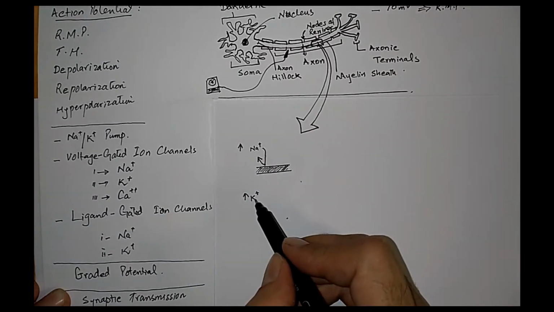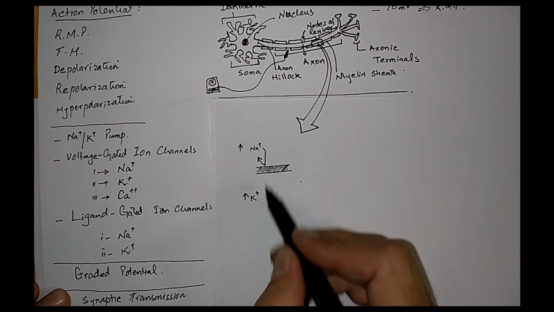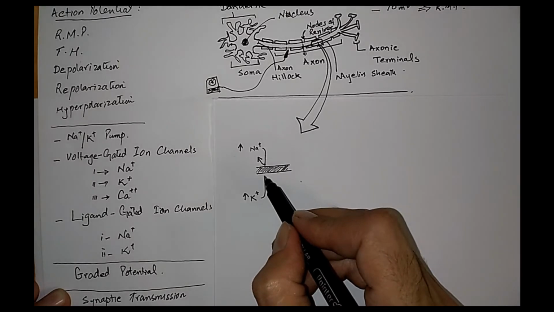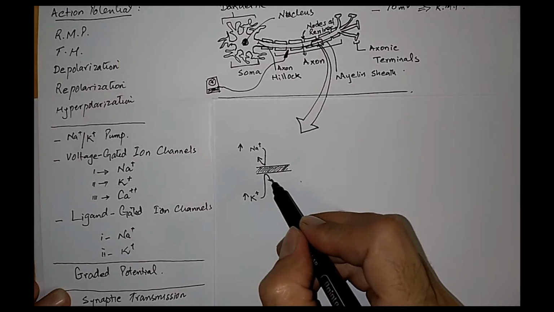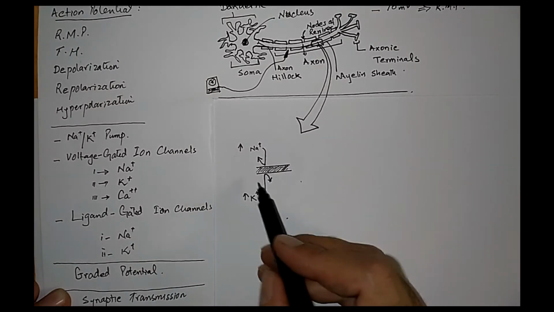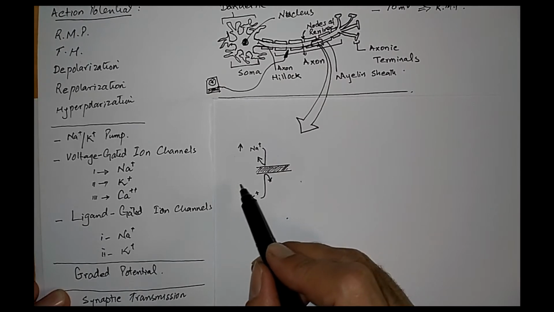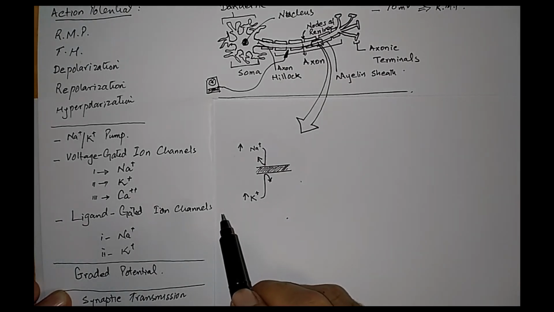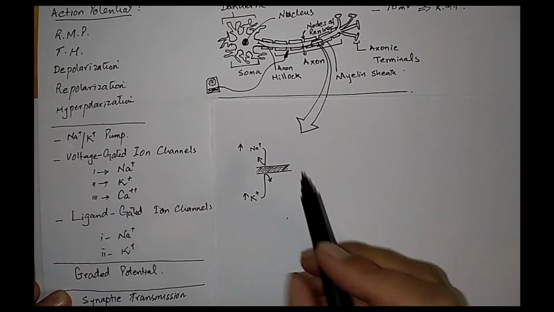Similarly, the potassium, because of having a higher concentration inside, tries to move out but cannot go out and stays inside, and hence the resting membrane potential is maintained within the neuron cells at the time of rest.